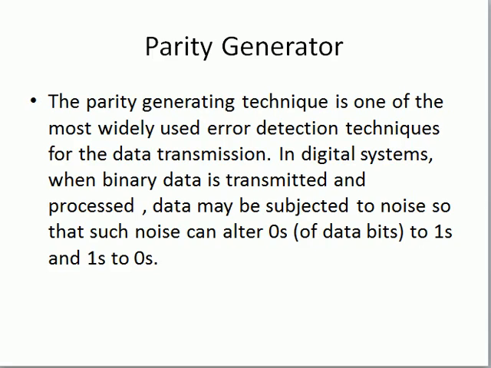So when the data has been altered by changing 0 into 1 and 1 into 0, there is a loss of the usable data. And in order to check that loss of data is occurring, we use the parity generator.